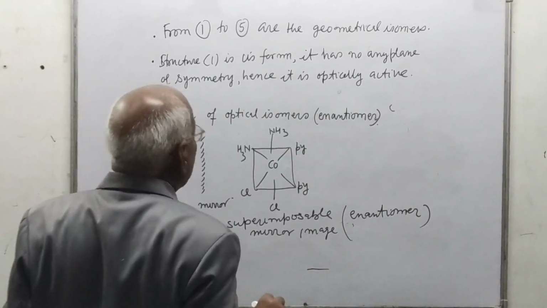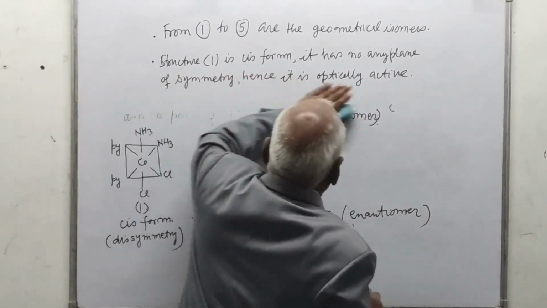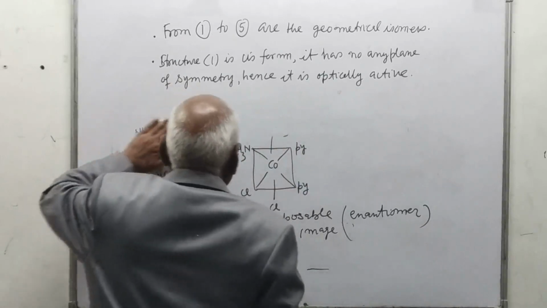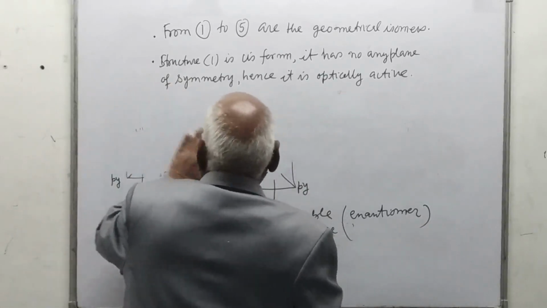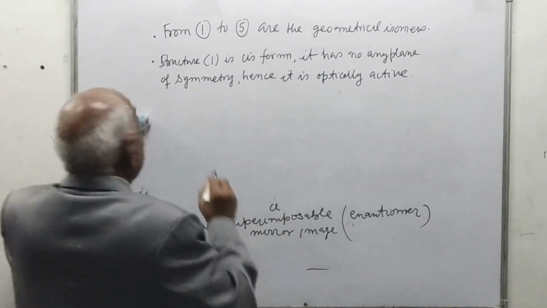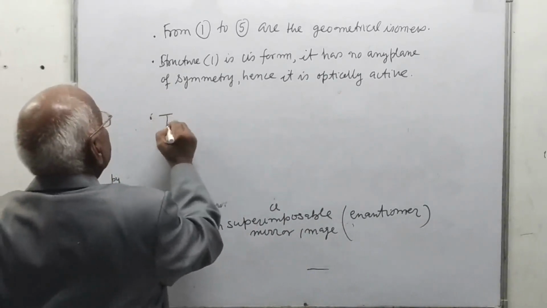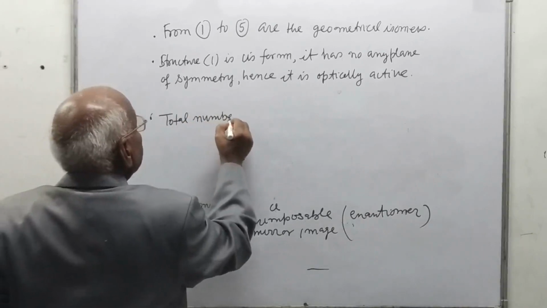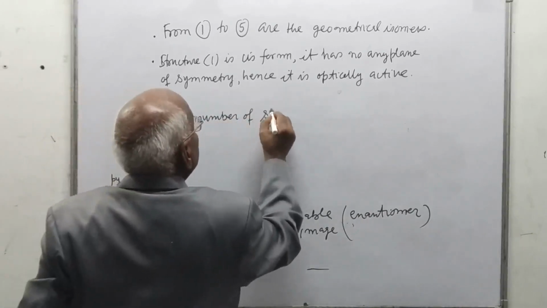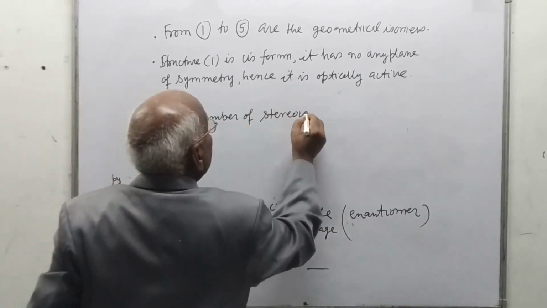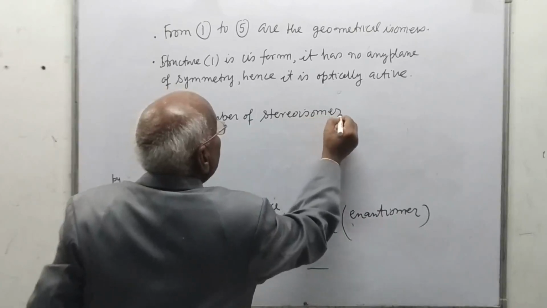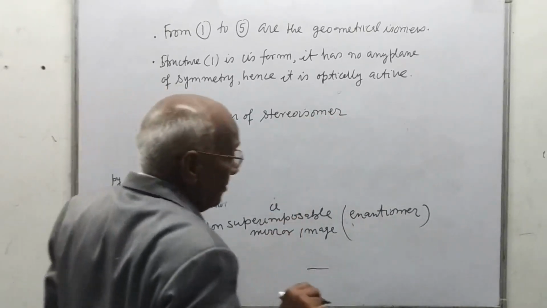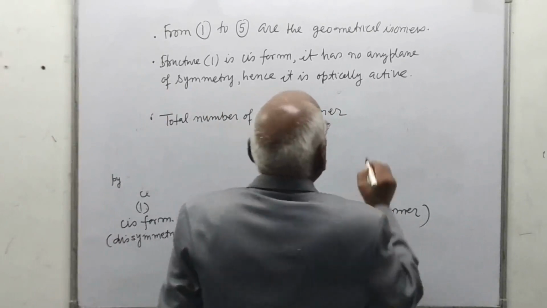So the total number of stereoisomers means optical plus geometrical.